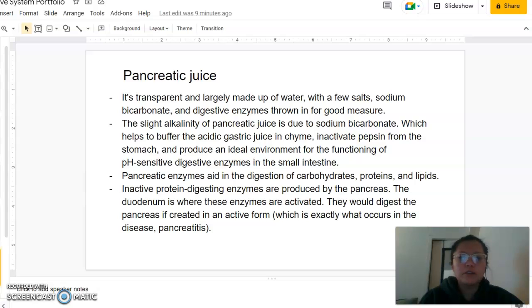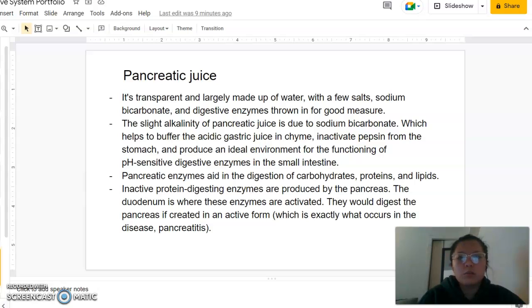So let's talk about the pancreatic juice. The pancreas produces over a liter of pancreatic juice each day. Unlike bile, it's clear and composed mostly of water along with some salts, sodium bicarbonate, and several digestive enzymes.